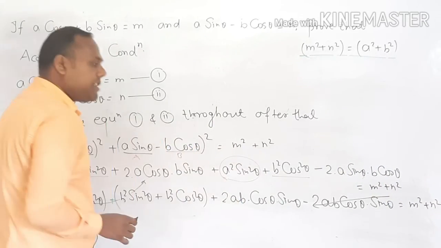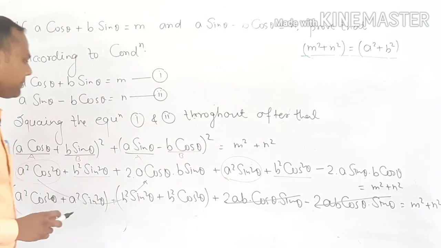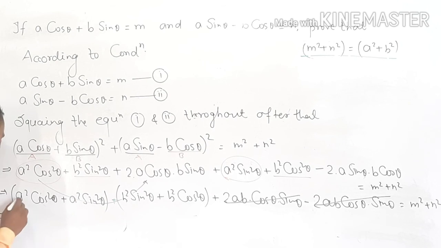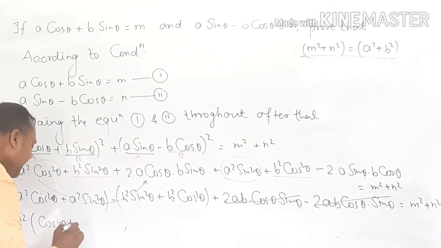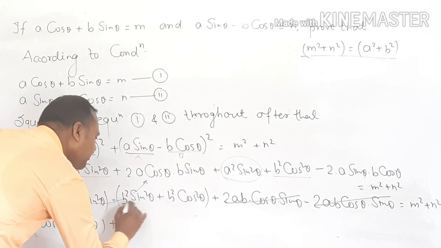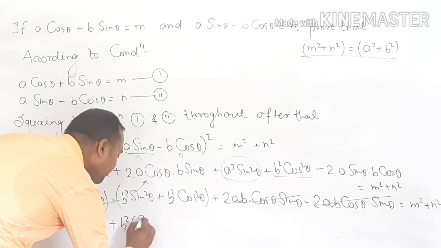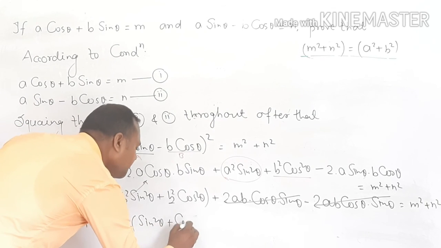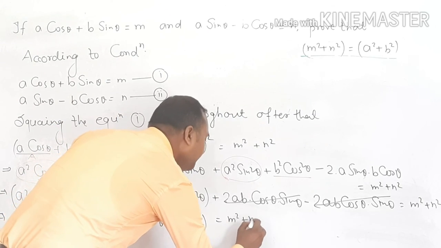And 2ab cos theta sin theta and 2ab sin theta cos theta will be cancelled out. After that we get a square is common, cos square theta plus sin square theta, and plus b square is common, that means b square into sin square theta plus cos square theta, will be equal to m square plus n square.